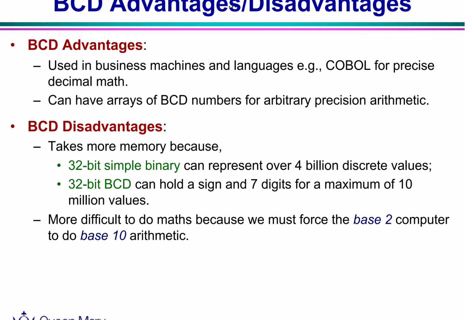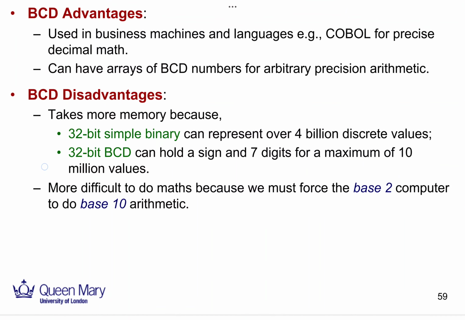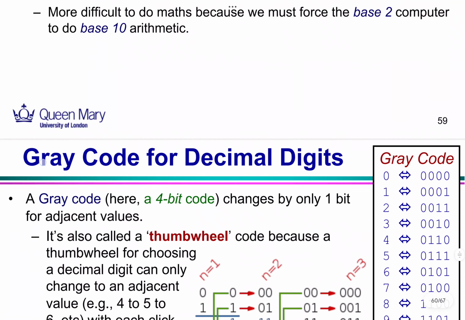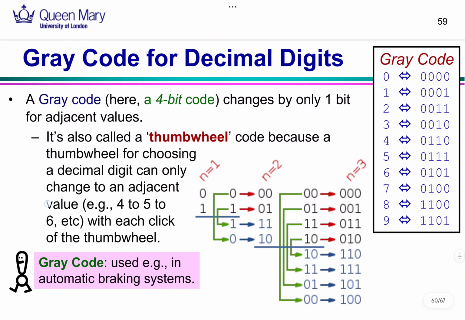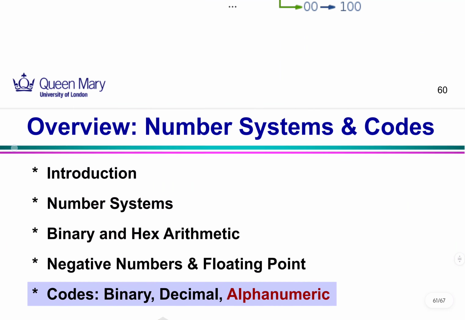Difficult. Let's focus on base 2 to base 10, and Gray code is a very nice thing because it changes only one bit. Okay, Gray code is overused.